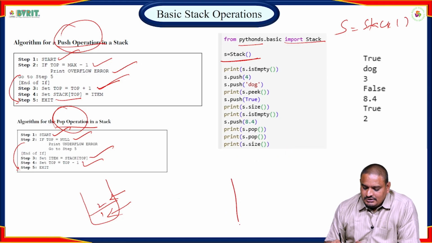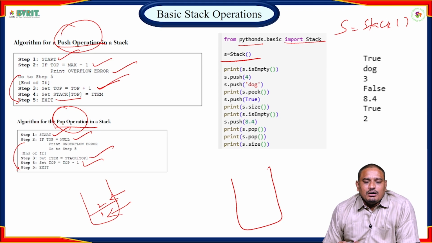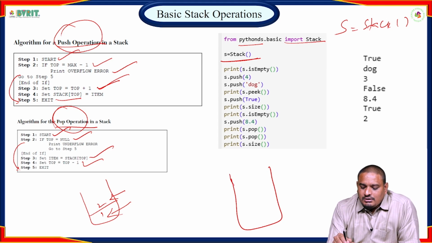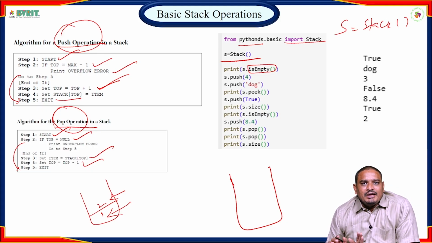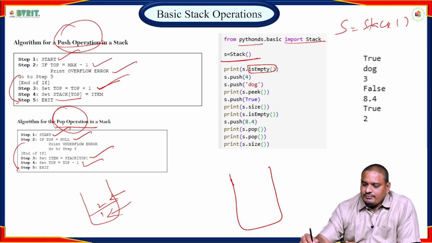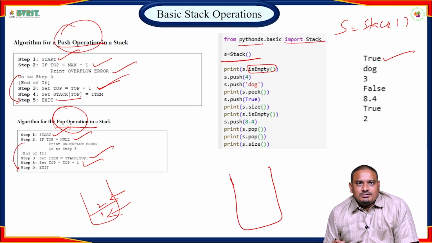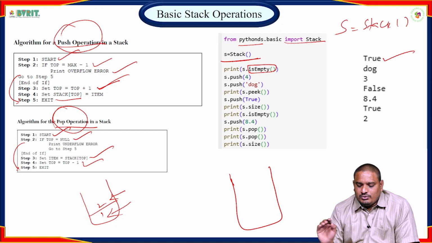Now the stack is created. What is the next one? The is empty method is there. The is empty method checks whether the stack is empty or not. Initially the stack is empty, so the output is true.